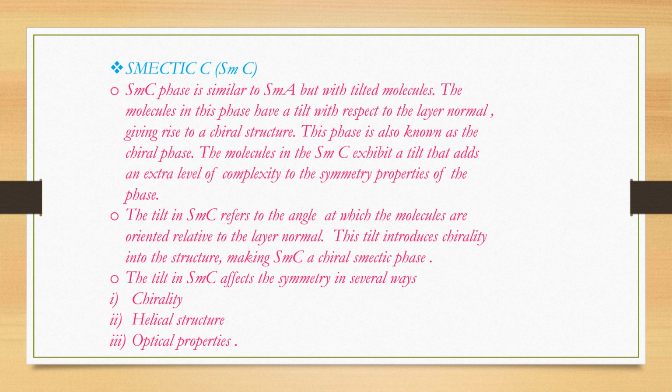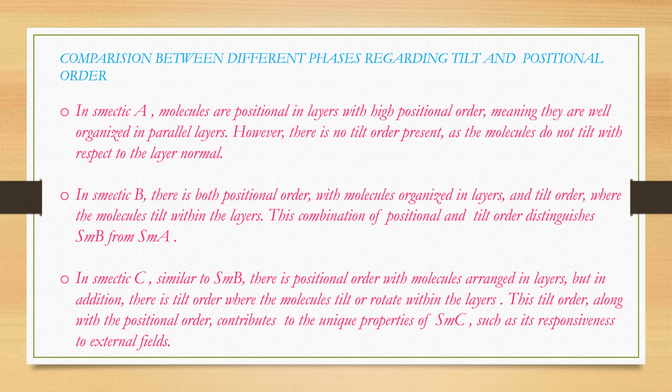And optical properties, this tilt in the smectic C affects the optical properties of the phase, leading to phenomena like optical rotation. This optical activity is a consequence of chiral symmetry induced by the tilt of molecules. So this is regarding smectic C.